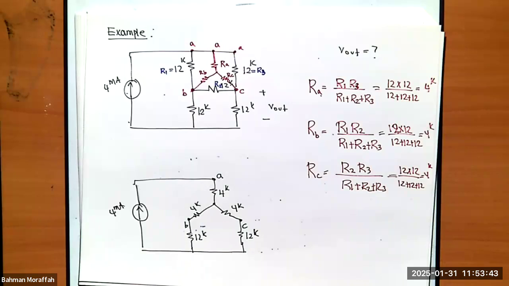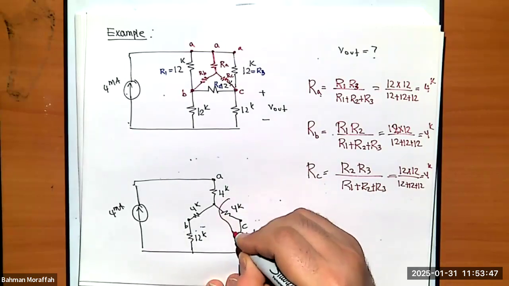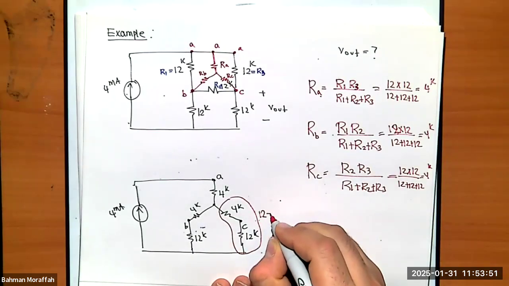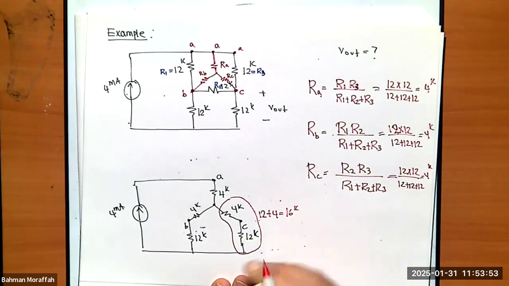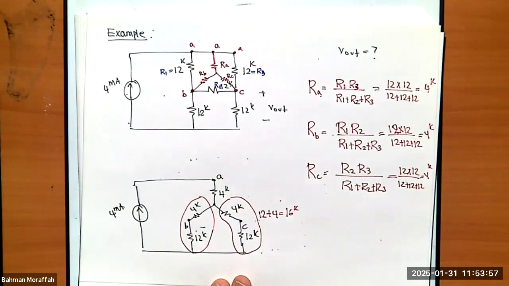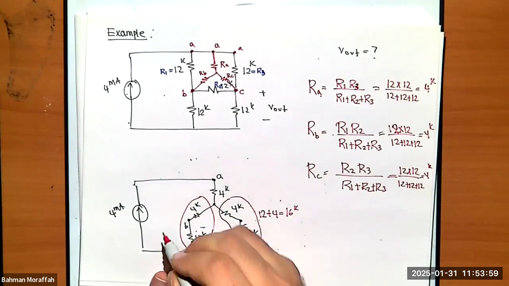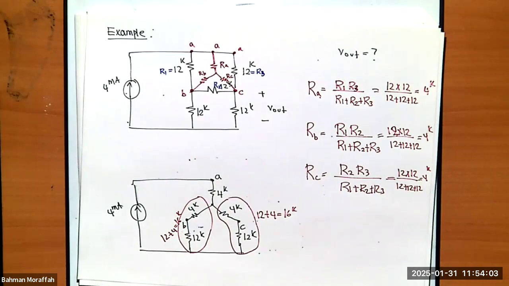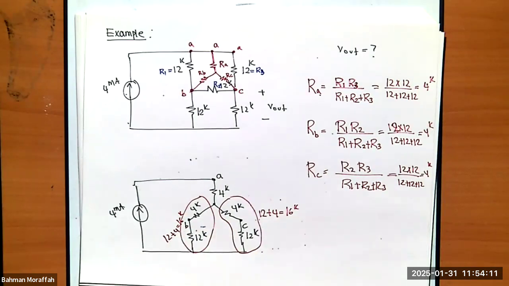So let's go through all the steps and see how we can actually compute them. If I wanted to do every single step, the first step is these two are in series. So I have 12 plus 4, which is 16K. These two are also in series. So I have 12 plus 4, which is 16K. What else do I have over here? I have this 16 and this 16 in parallel. I can combine them.